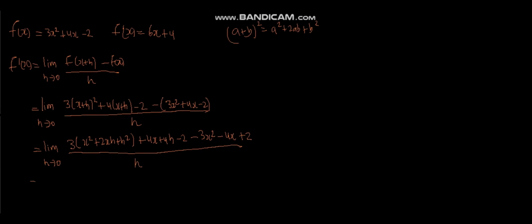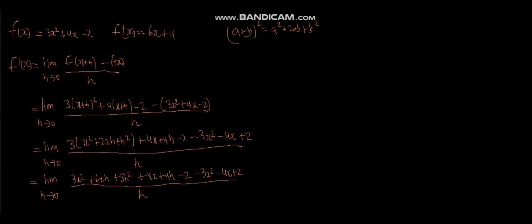So we will have the limit as h approaches 0 of 3x squared plus 6xh plus 3h squared plus 4x plus 4h minus 2 minus 3x squared minus 4x plus 2, all over h.